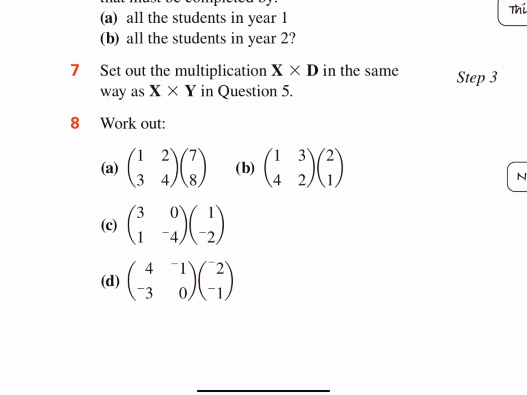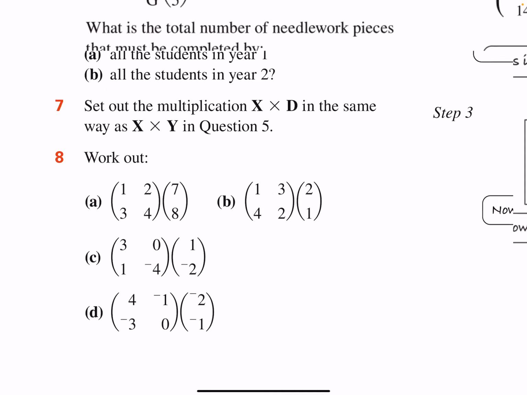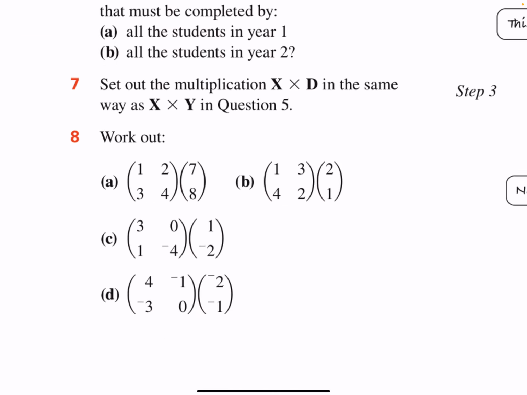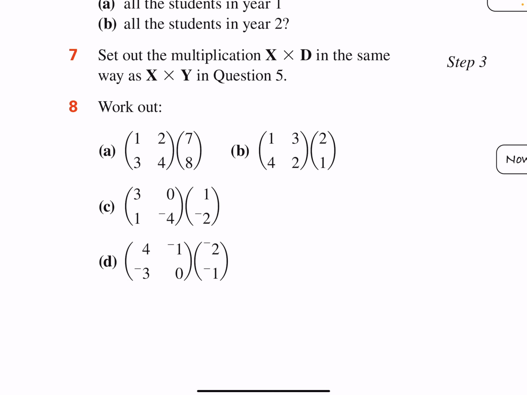So if we take page 406, 8, A, you have a 2 by 2 with a 1 by 2. 2 by 2, 2 rows, 2 columns. 2 rows, 1 column.